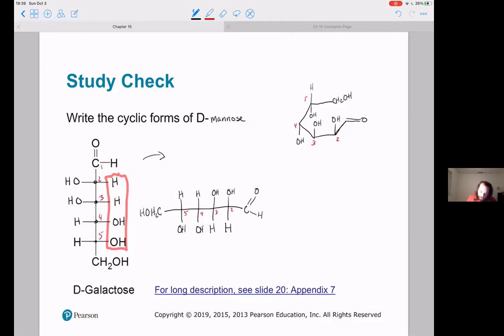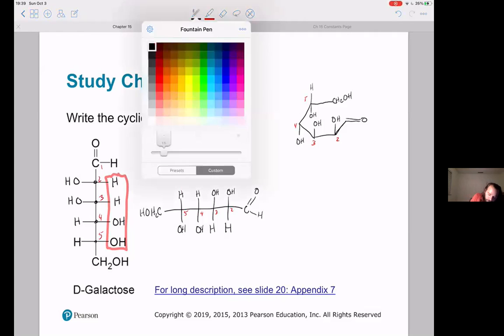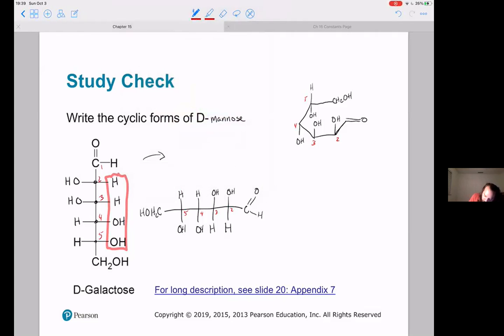Okay, I'm going to specifically draw in that hydrogen there, because our next step is going to be to rotate. Up, up, down.